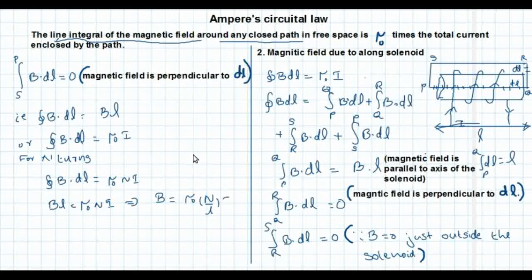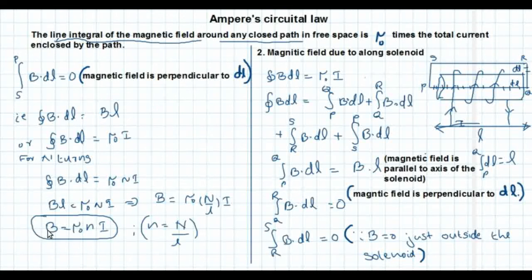Now this N by L we are taking as a constant, or this represents the total number of turns per unit length. So B is equal to mu 0 nI, where the small n represents the total number of turns per unit length. Therefore, this equation B is equal to mu 0 nI represents the magnetic field due to a solenoid.